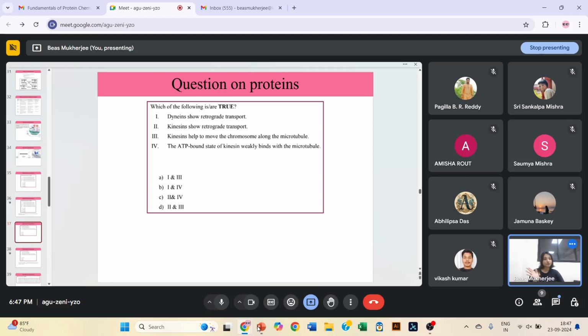Dyneins show retrograde transport. Kinesin shows retrograde transport. Kinesin helps to move the chromosome along the microtubule. The ATP bound state of kinesin weakly binds with the microtubule. Which of the following do you think would be right?